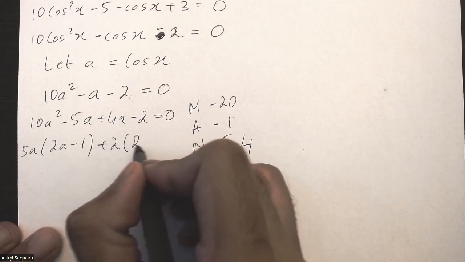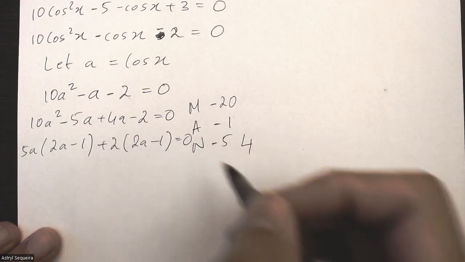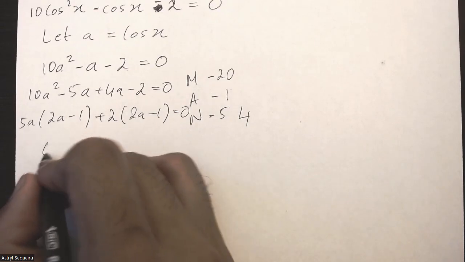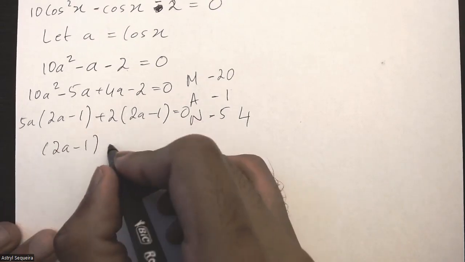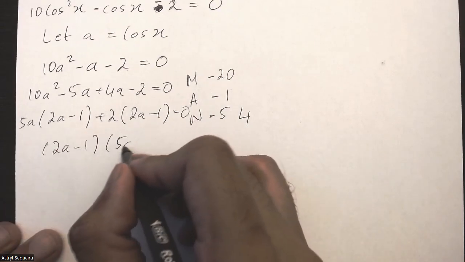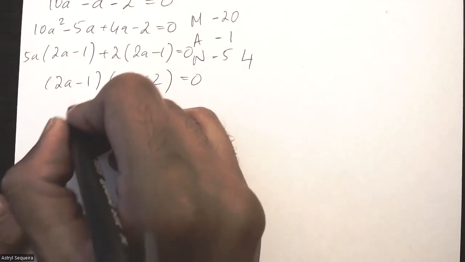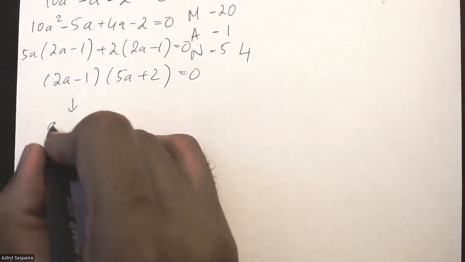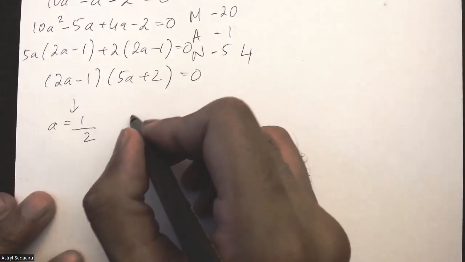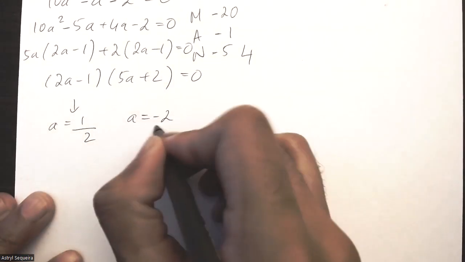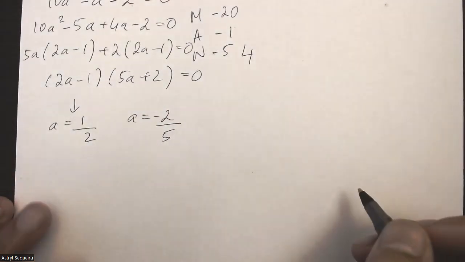Here it's 2, 2a minus 1. And now I can common factor out 2a minus 1. I'm left with 5a plus 2. And I know my two solutions here for a are positive 1 over 2 and negative 2 over 5.